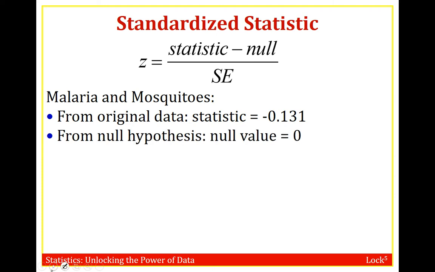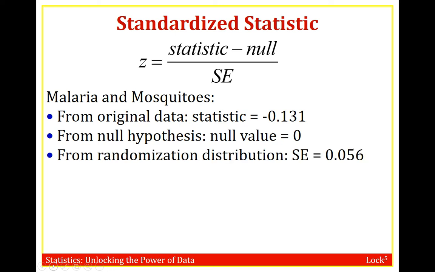Look back at the video if you need to. The null hypothesis value is definitely a 0, because remember, nothing going on. From a randomized distribution, the standard error of the data, when I did the data in StatKey and ran it, I had a standard error of 0.056. This is not something you're calculating. This is something you're given.